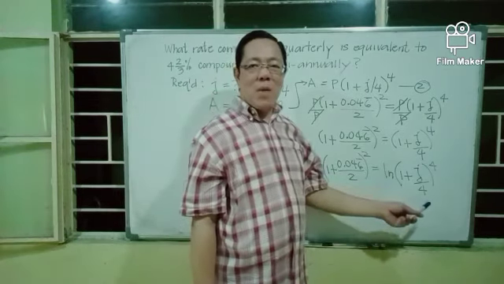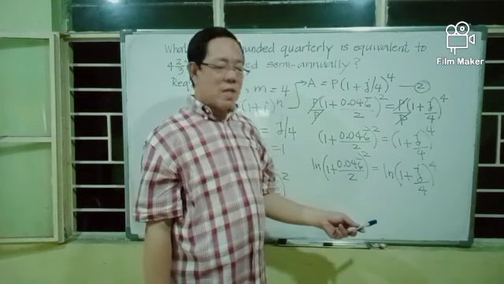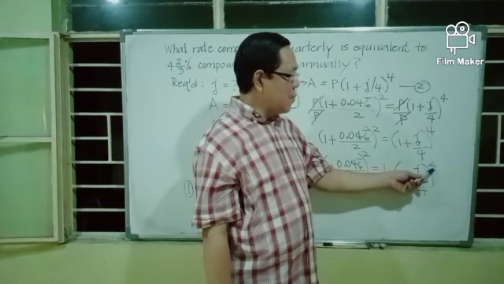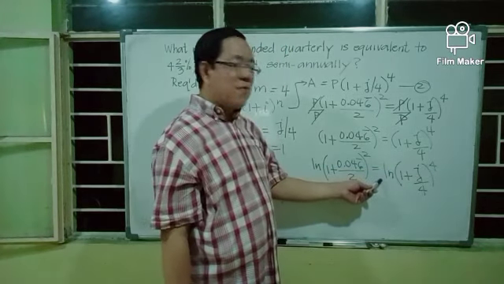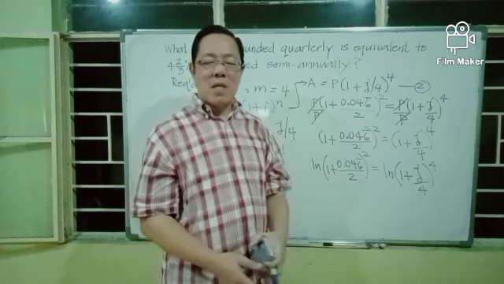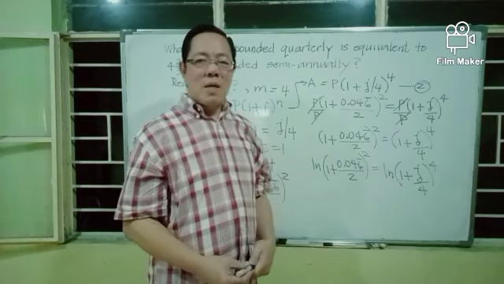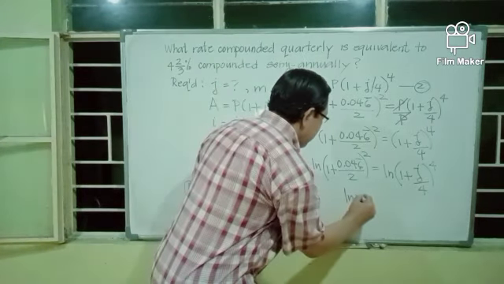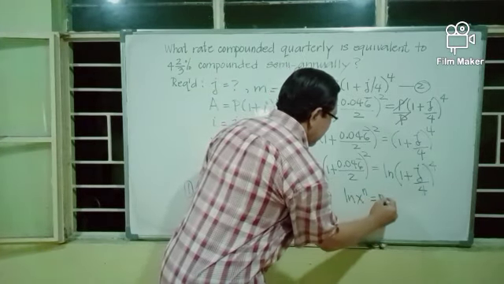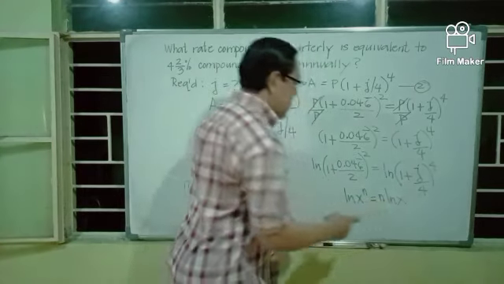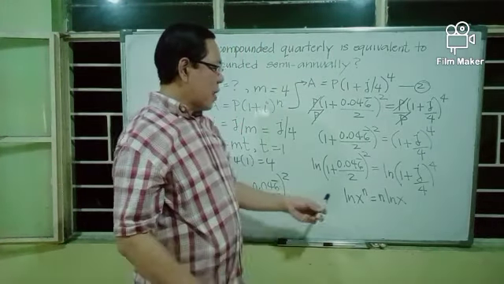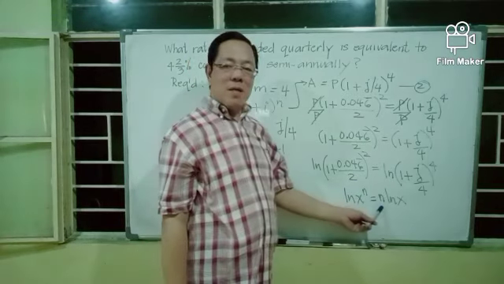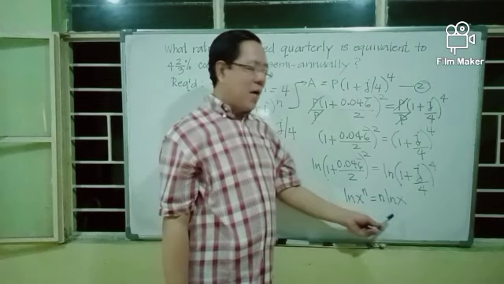To the right hand side, we apply a property of logarithm, natural logarithm, to bring this exponent 4 as coefficient of ln. In particular, we use this property of ln. This property of natural logarithm says that ln of x to the n is equal to n multiplied by ln of x.